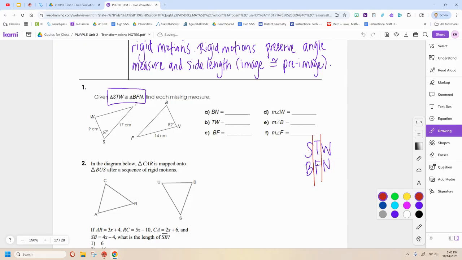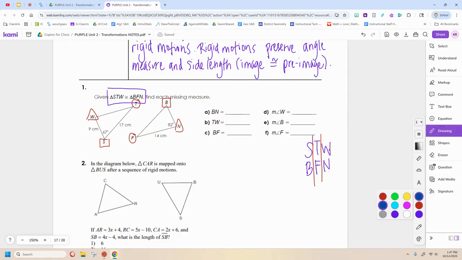So if I go back to my pictures here, S corresponds with B. So I'm going to put squares around those. And then T, so I'll put a circle. T corresponds with F. And then I'll do triangles. W corresponds with N. And so why is this helpful?